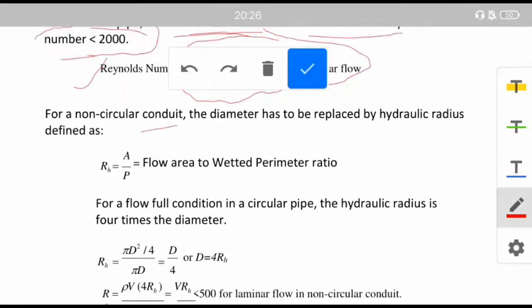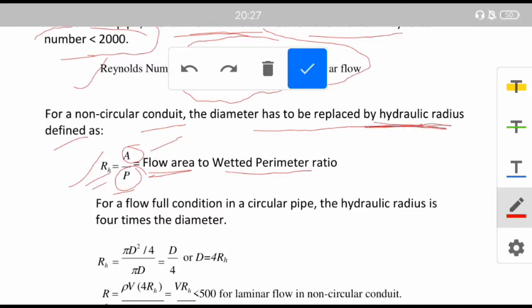For a non-circular conduit, the diameter has to be replaced by the hydraulic radius, defined by RH equals A upon P, where A is the cross-sectional area and P is the wetted perimeter. That is, the flow area to wetted perimeter ratio is our hydraulic radius.